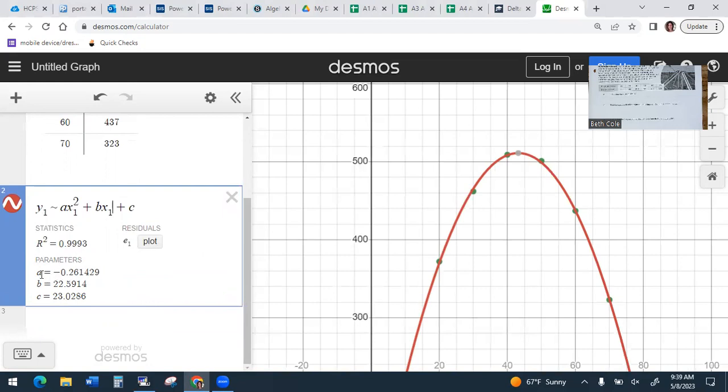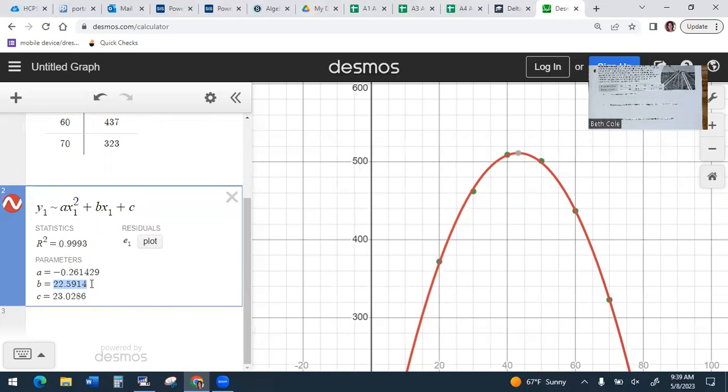And then what? Negative 0. Connor, can you stop that and pay attention? Negative 0.3. Why would it be 3? Good. Negative 0.3 and then x squared plus 22.6 x.